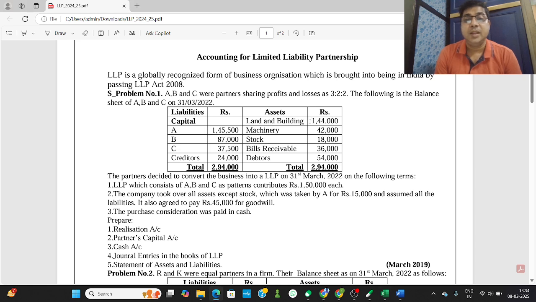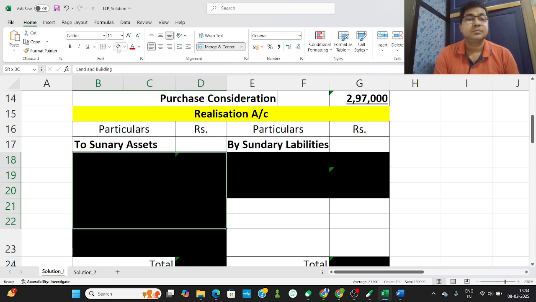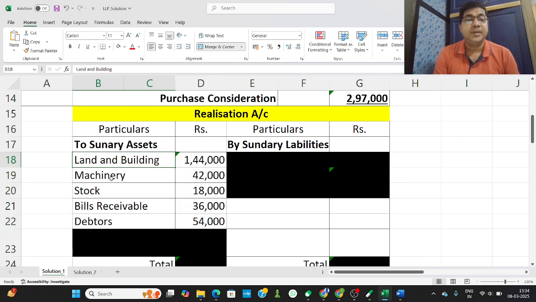All land and building, machinery, stock, bills receivable, and debtors. And this particular book value we have to record. Those all assets we have to record here: land and building, machinery, stock, bills receivable, and debtors.